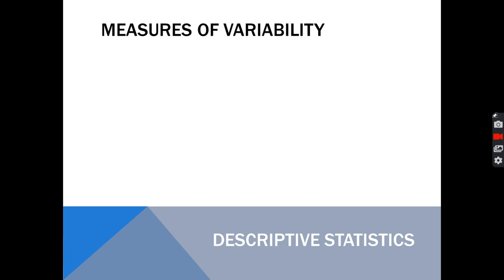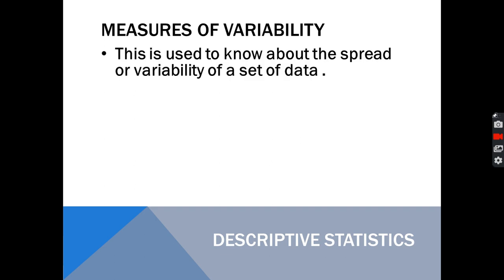Another way of analyzing the data is the use of variability. Other books call this as measures of dispersion, measures of deviation, or measures of variation. So when to use this? This is used to know about the spread or variability of the data set.